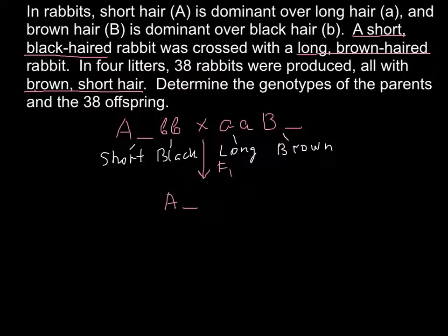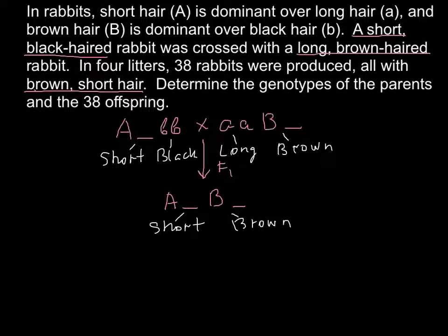Once again this can be capital B capital B or capital B small b, so we put capital B and a blank space for the second allele that we don't know. So this is going to be short and brown. All 100% of the progeny are going to be of this phenotype.